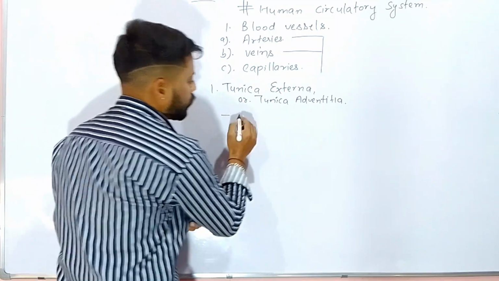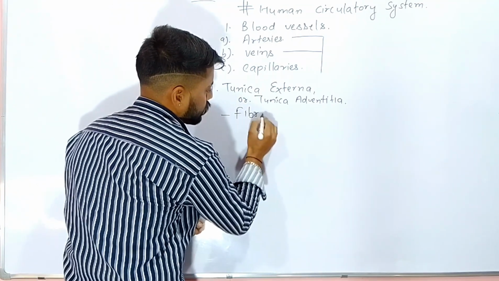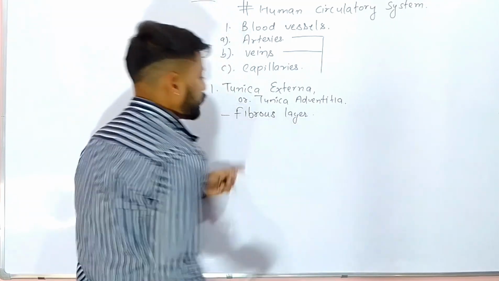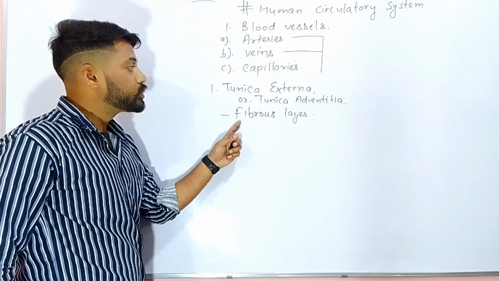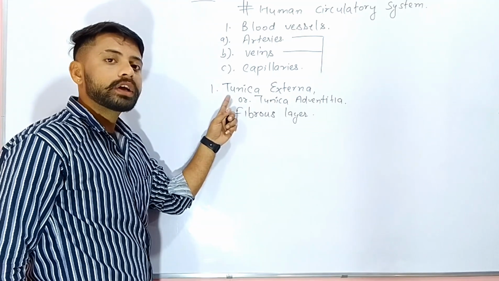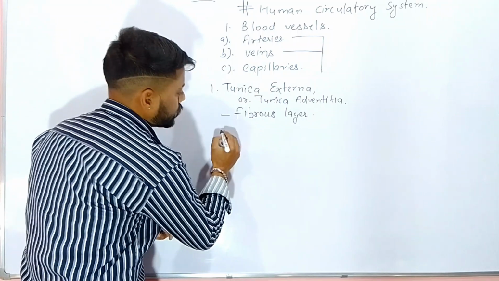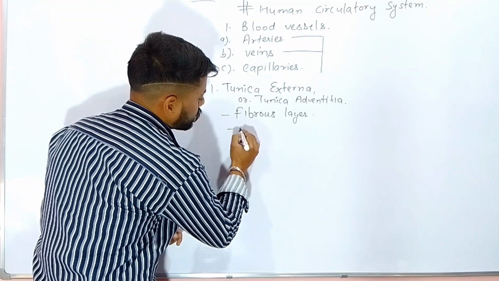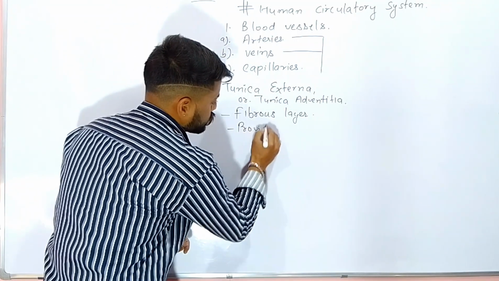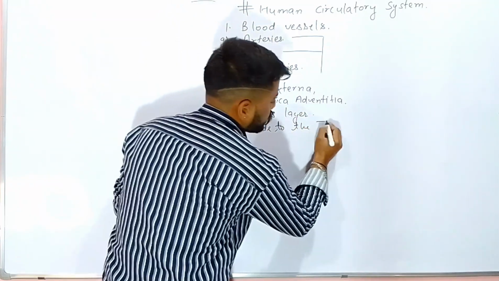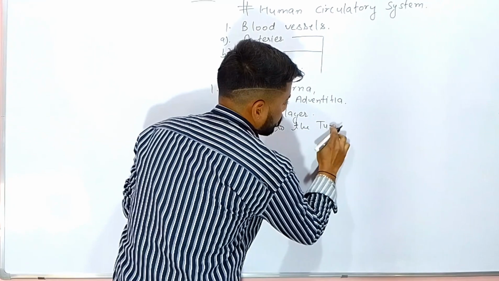This fibrous layer provides strength to the tunica externa. So the function of this layer is to provide strength to the external layer.